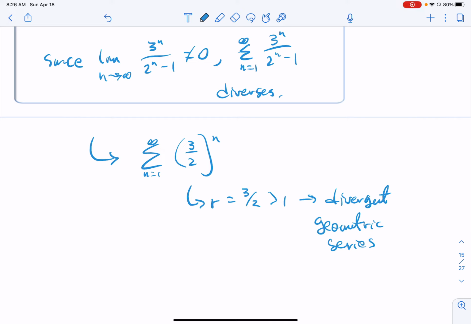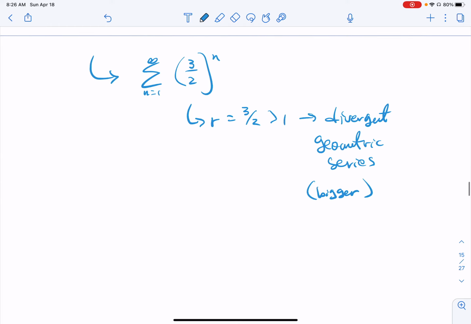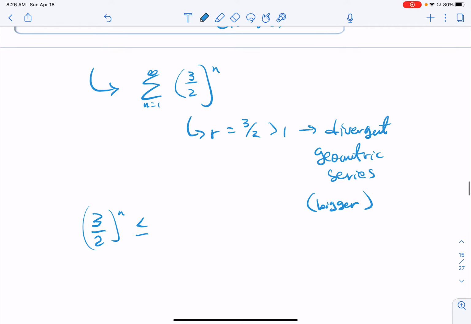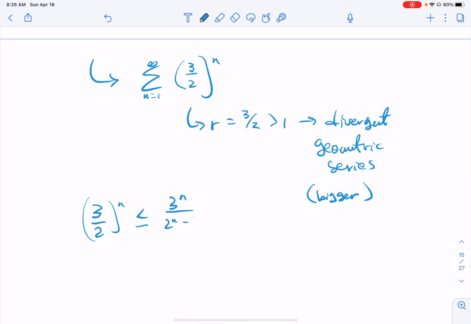Okay, so if you are divergent, you need to be bigger than a divergent. So we're going to start with this 3 over 2 to the n, and we need to establish that that is smaller than ours, which is 3 to the n over 2 to the n minus 1.